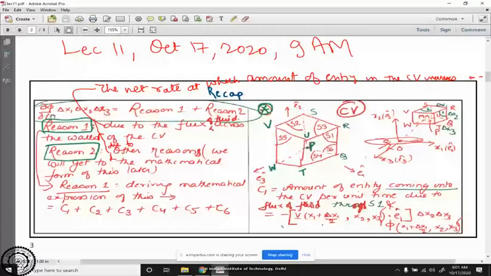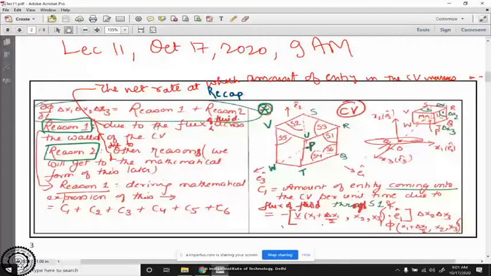The left-hand side is the mathematical expression of that statement, whereas the right-hand side should include the mathematical expressions of the physical reasons why the amount of entity contained in the control volume will change with time.